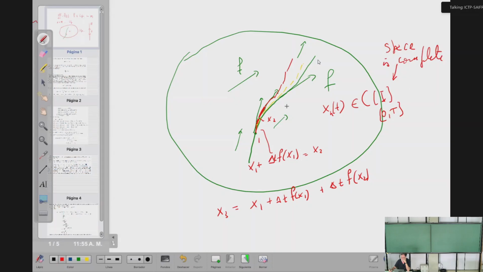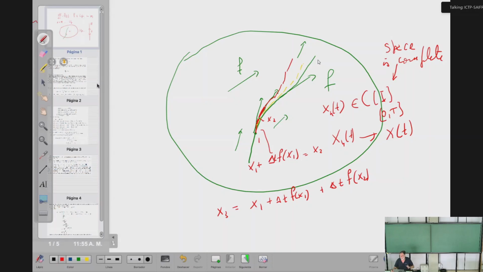So if we can show that this sequence, when we take delta t smaller and smaller, is Cauchy, then we know that there will be a limiting solution. So this x_h(t), when h goes to 0, will converge to some element in this space. So this is what we want to do.